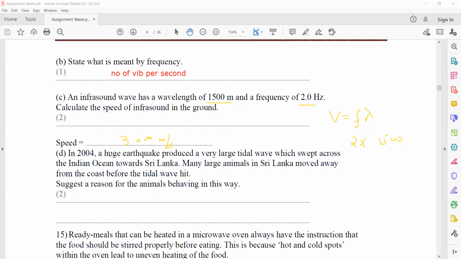In 2004, a huge earthquake produced a very large tidal wave which swept across the Indian Ocean towards Sri Lanka. Many large animals in Sri Lanka moved away from the coast before the tidal waves hit. Suggest a reason for animals behaving in this way. Because animals have a different range of audible frequency than humans.